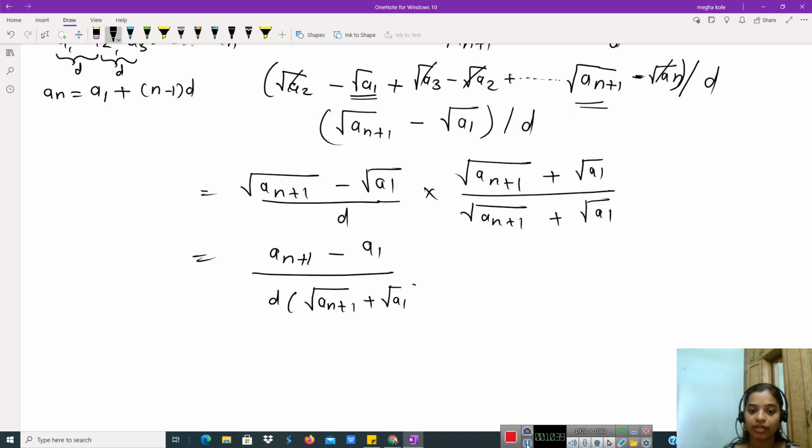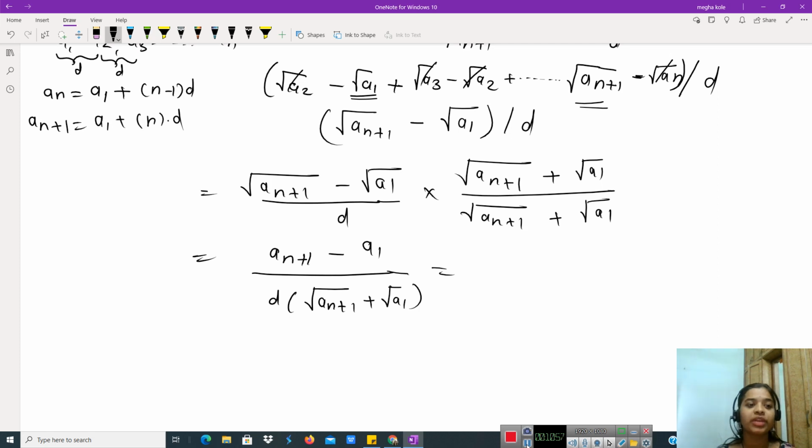Now see, we have to find out the nth term using this formula. We need to find out a_(n+1) in the similar way. a1 plus (n plus 1 minus 1) d, the 1s will get cancelled. It will be n into d.